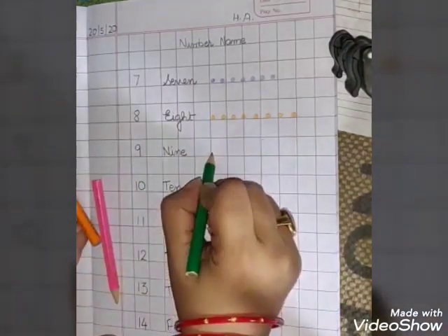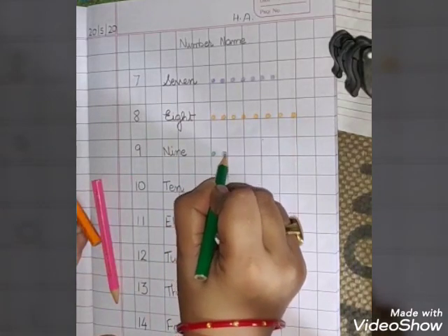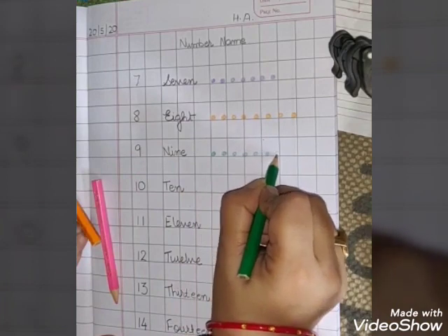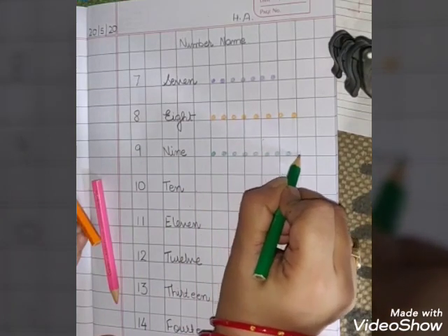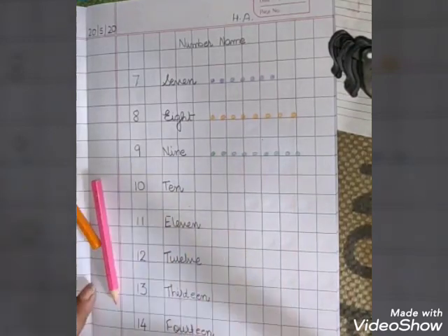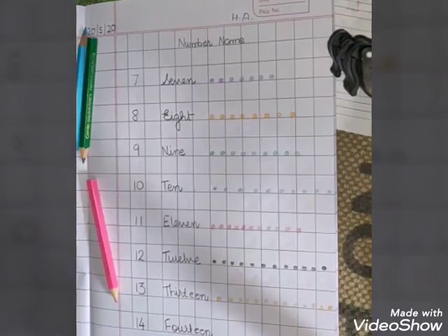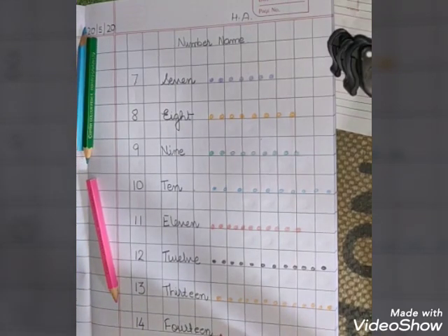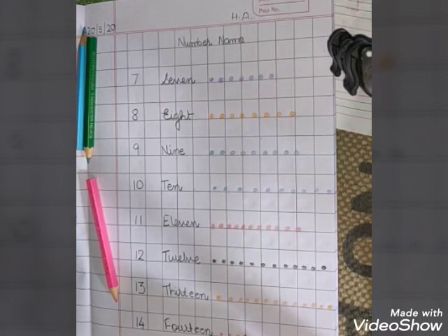Then 9: 1, 2, 3, 4, 5, 6, 7, 8, 9. Continue till 14. Okay, make similar dots. For 14: 1, 2, 3, 4, 5, 6, 7, 8, 9, 10, 11, 12, 13 and 14.